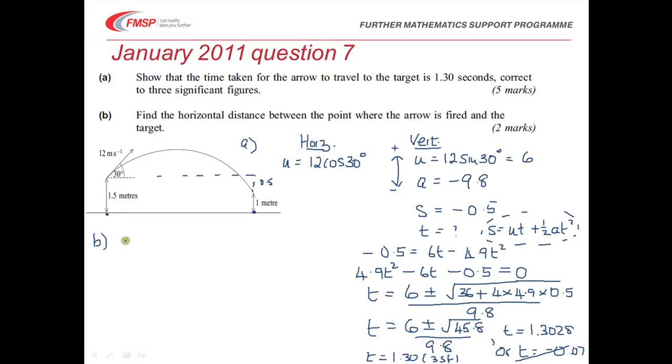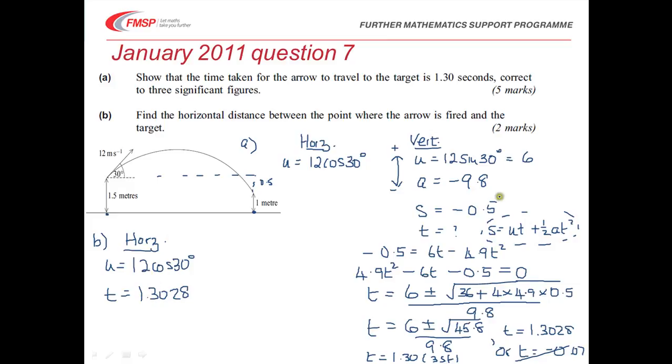Let me write it out to make sure we're okay. So u is equal to 12 cos 30, and t now is equal to 1.3028, and we'll take that slightly more accurate value. We won't round at this stage.